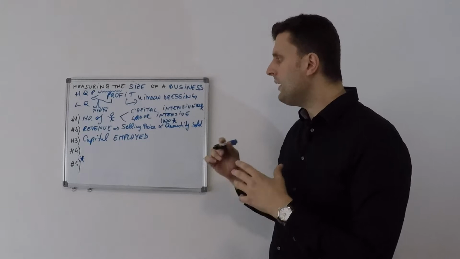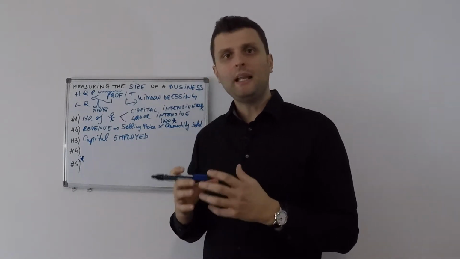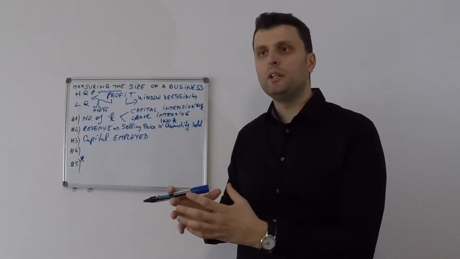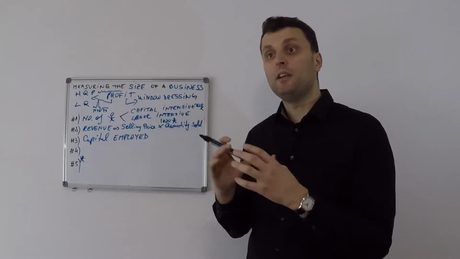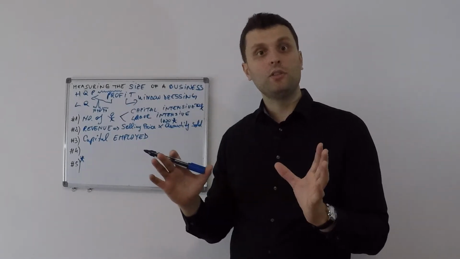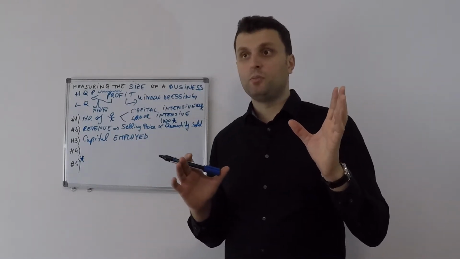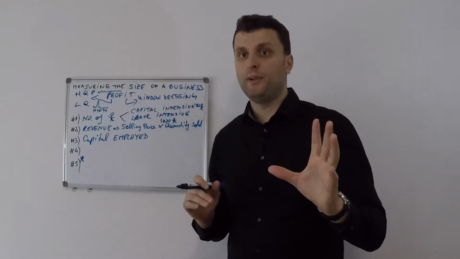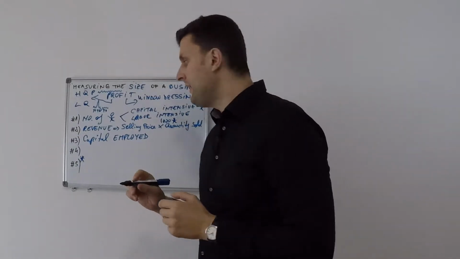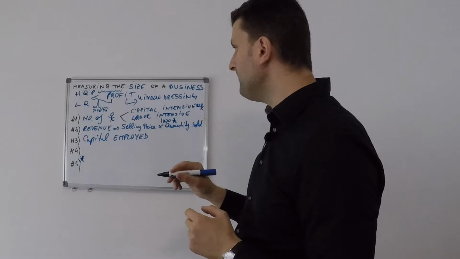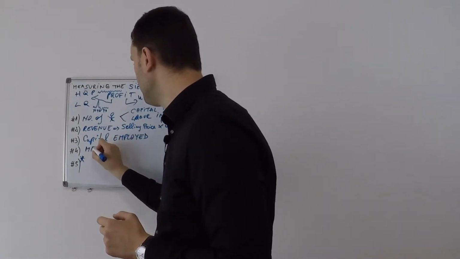So capital employed, meaning the money that is invested initially to start that business, is also a very good indicator to let us know in what league that business is playing and what kind of size we are dealing with. The next one would be market share.